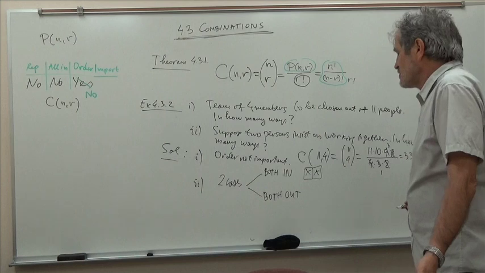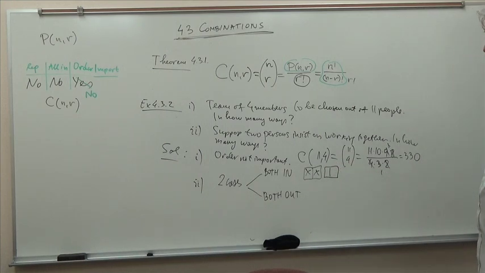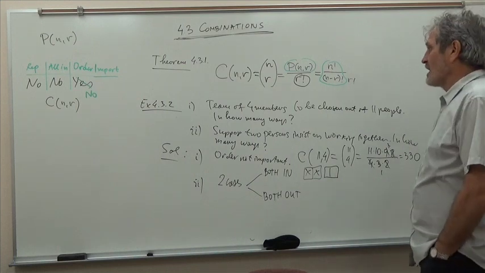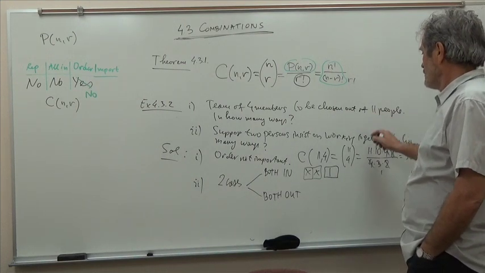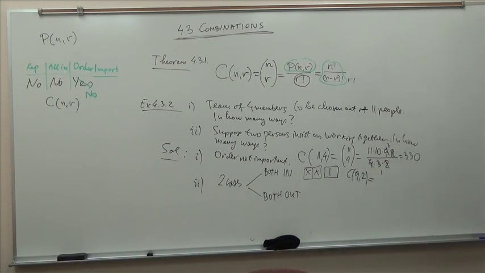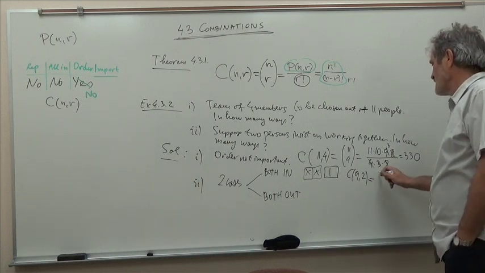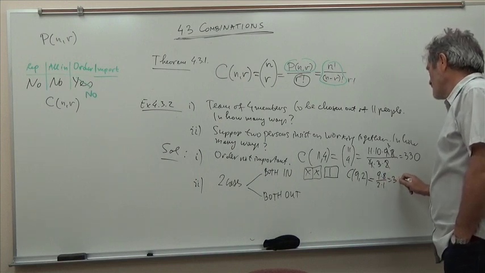So they are in the team, and now you have 2 seats on the team, and how many members to choose from? 2 of them are in already, so you have C(9,2). Among the remaining 9 members, you need to assemble the other 2 spots, and that would be 9 times 8 over 2 times 1, which is 36.